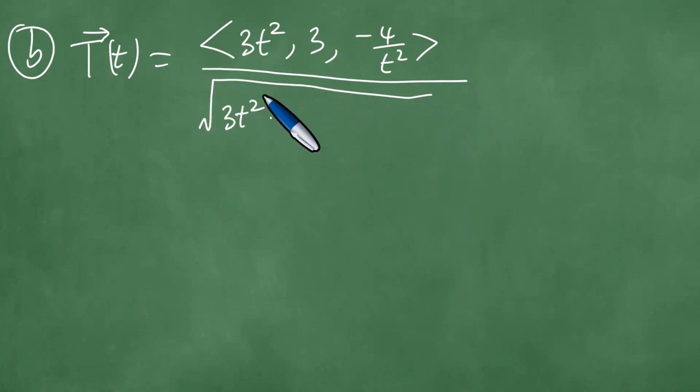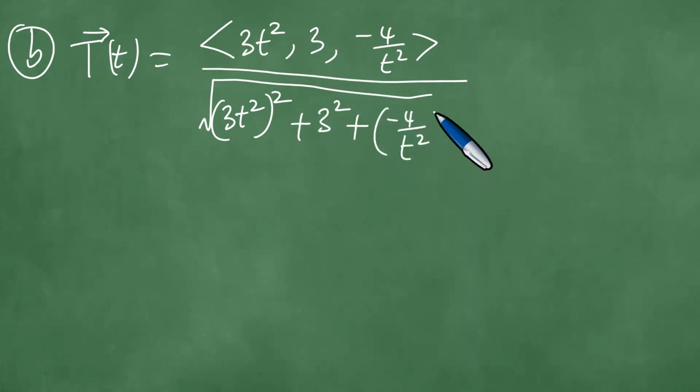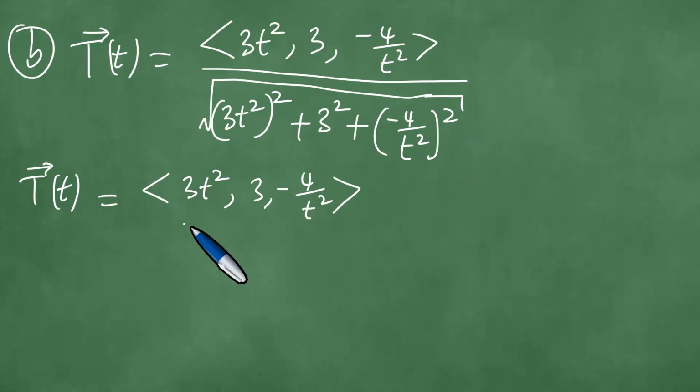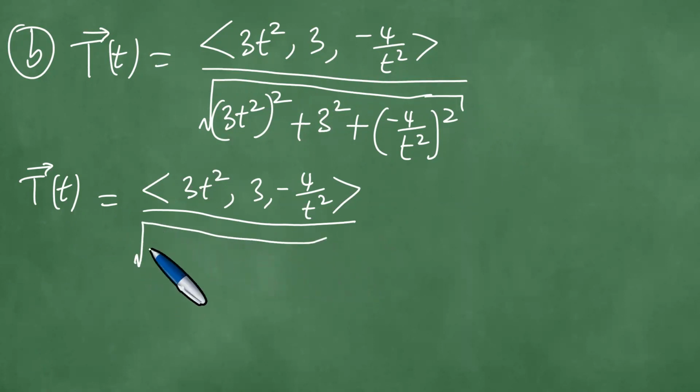You have 3t squared, you square it, and then you have minus 4 over t squared, and you square this, which means the unit tangent vector as a function of t can be seen as 3t squared, 3, minus 4 over t squared, divided by the square root of 9t to the 4th power plus 9 plus 16 over t to the 4th power.